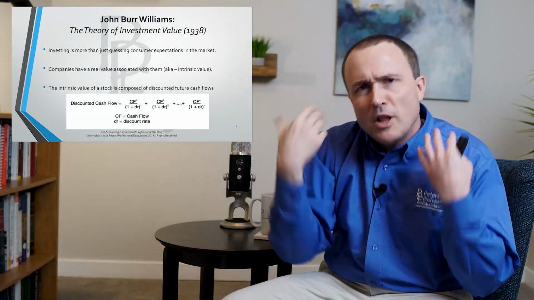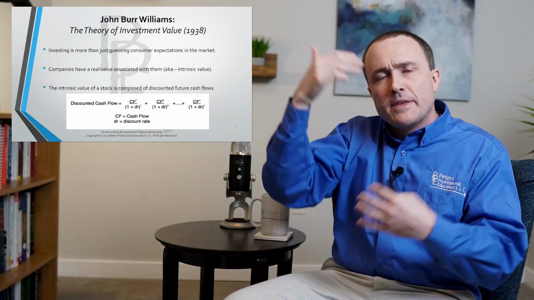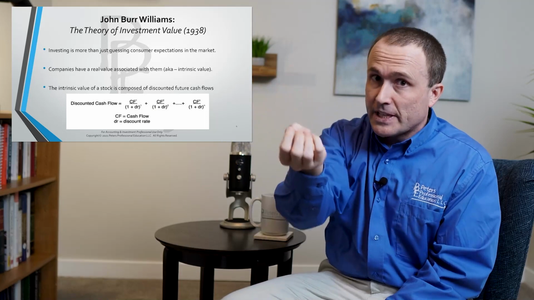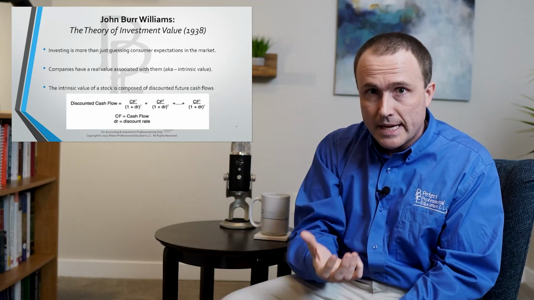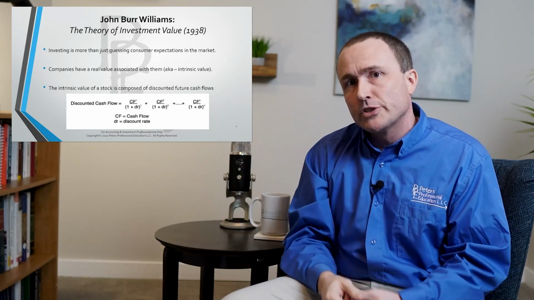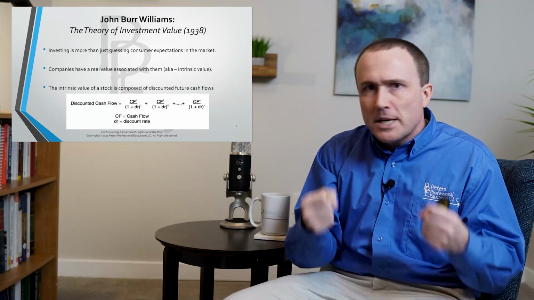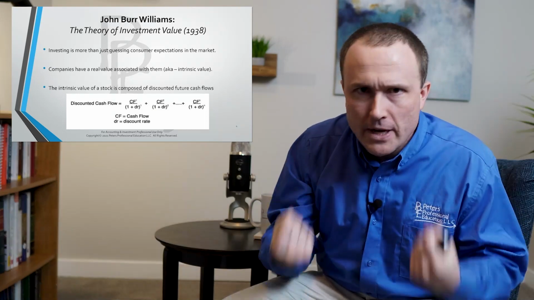So applying a discount factor that makes dividends further out in the future worth less than dividends closer to us in time, that is going to ultimately result in a company's intrinsic value. That is the fundamental worth of a company.